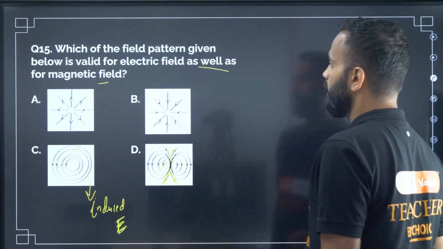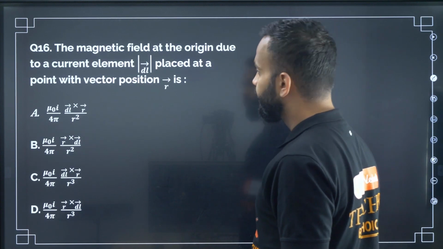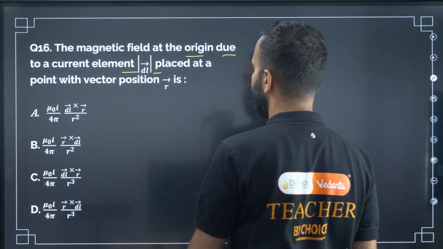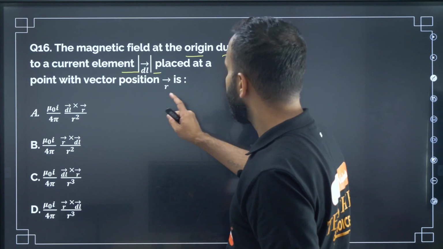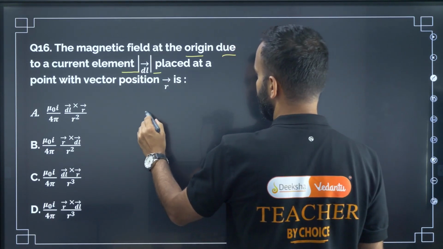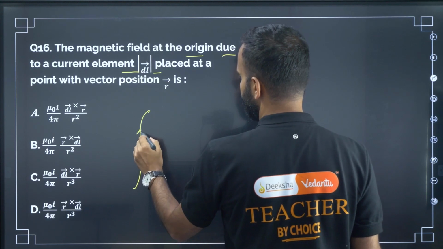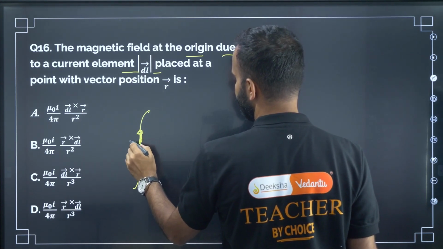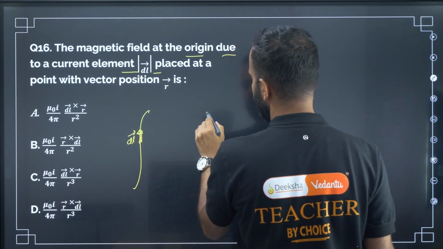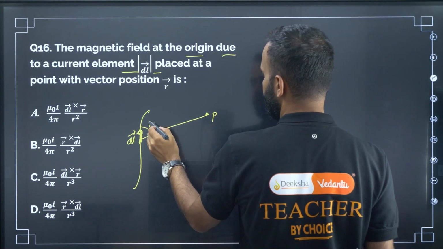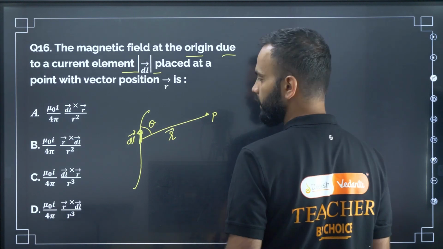Question number 16. The magnetic field at the origin due to a current element dl vector placed at a point with position vector r vector. This is the dl vector. This is the point P where we are finding the magnetic field. The angle between the dl vector and the position vector is theta.